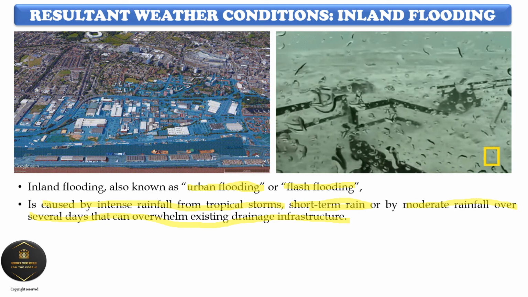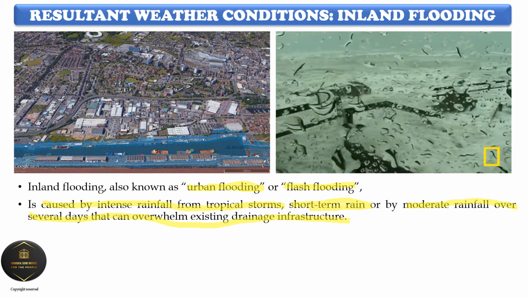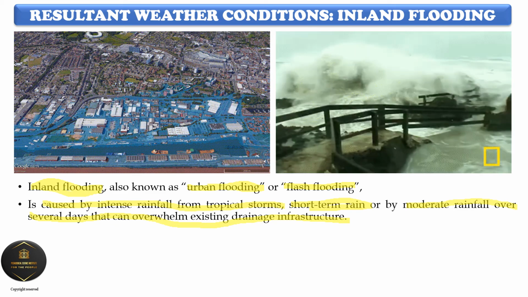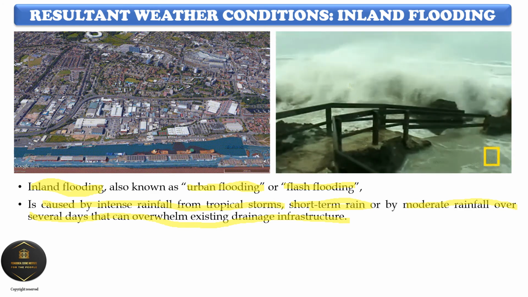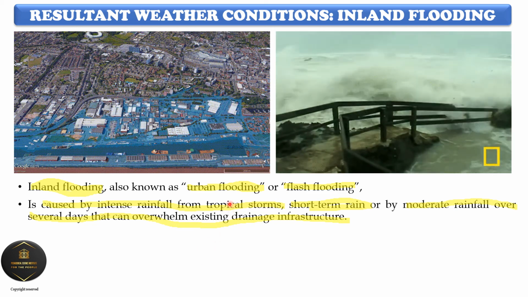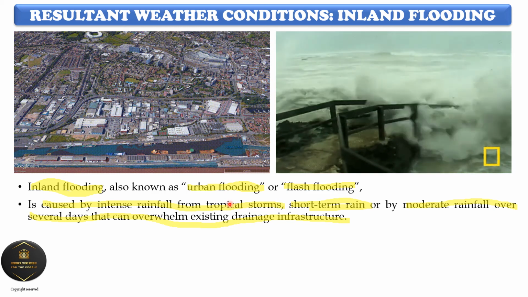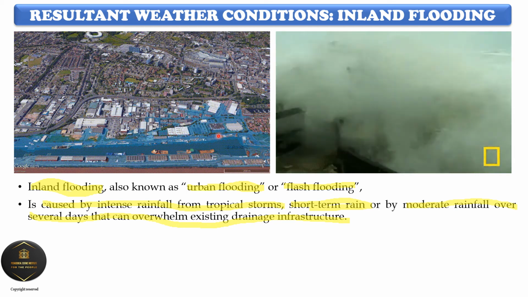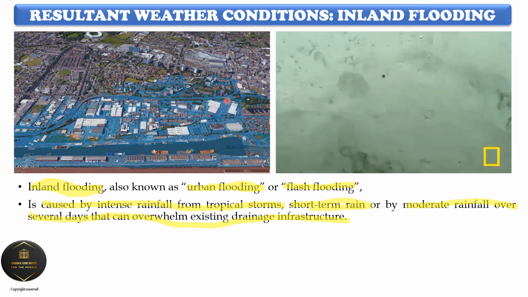Now, when we have a tropical storm moving far inland, we may have inland flooding as a result of these storms or cyclonic clouds bringing rainfall to the interior. So if you look at the animation here, it is showing us how inland flooding will happen, and it's usually common in areas that have water. So if you look at this, water is increasing slowly far inland, and that's what inland flooding basically is.